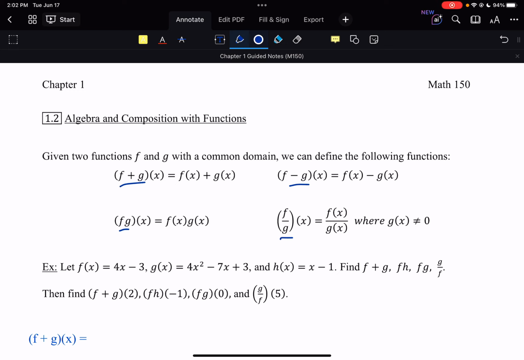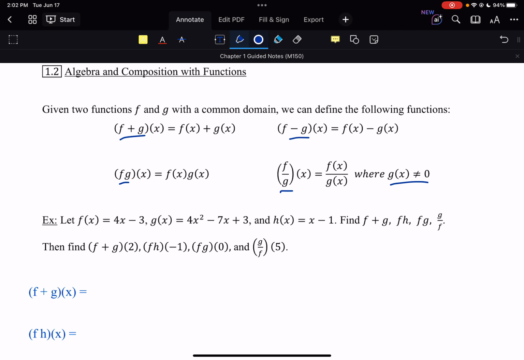If you have two functions with the same domain, you can add, subtract, multiply, and divide them, assuming that the bottom of the fraction won't be 0. That's a little caveat for division, but this allows us to expand the types of functions that we work with, and start combining functions.